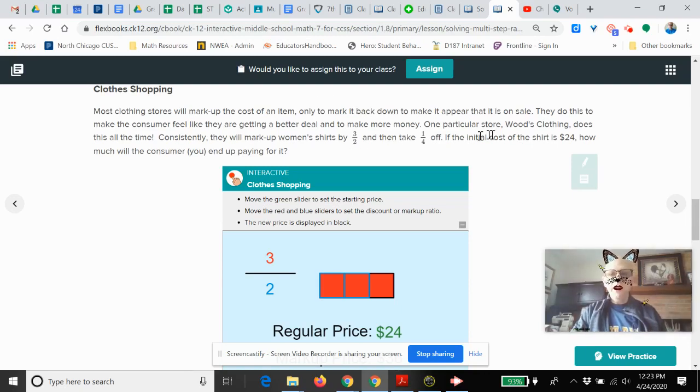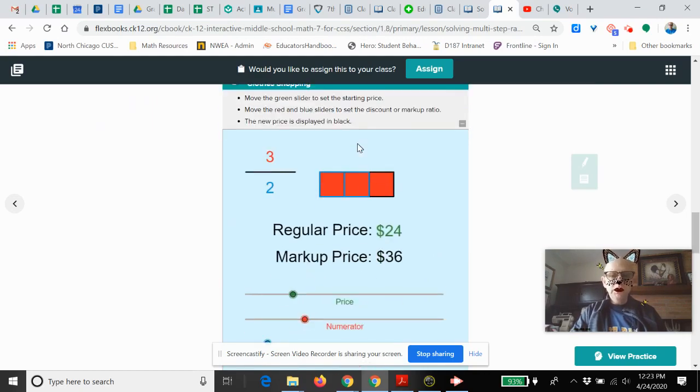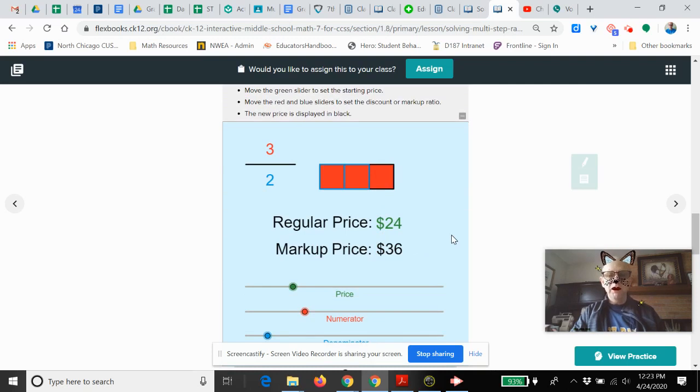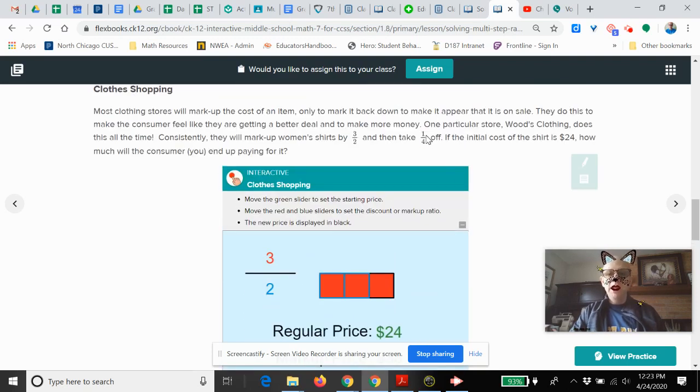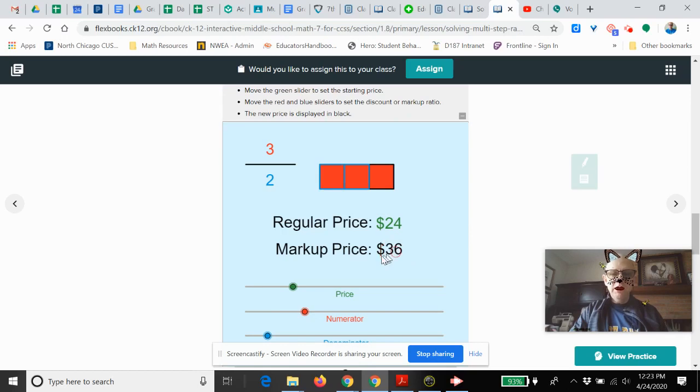So here they've taken this $24 shirt, they've marked it up by 3 2s, so they're making it more expensive. And then they're going to say, we'll make it 1/4 off. So if the initial price was $24 and now it's $36, so I move this up to 36, and then they put it on sale for 1/4 off.